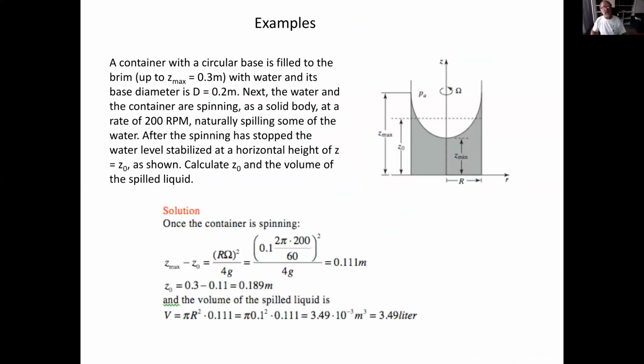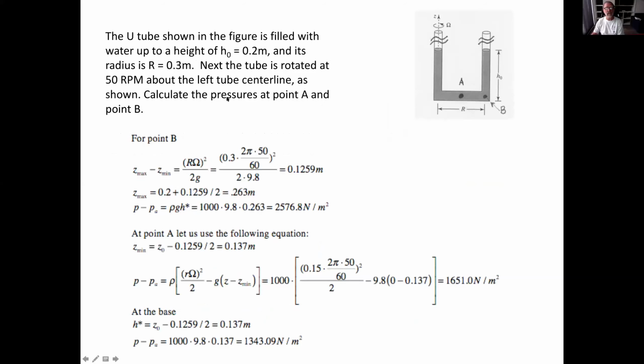Let's do some examples. So let's see how it works. I just took the same picture as before, and we have a container with a full height of 0.3 meter, and its base is 0.2. That's the diameter.